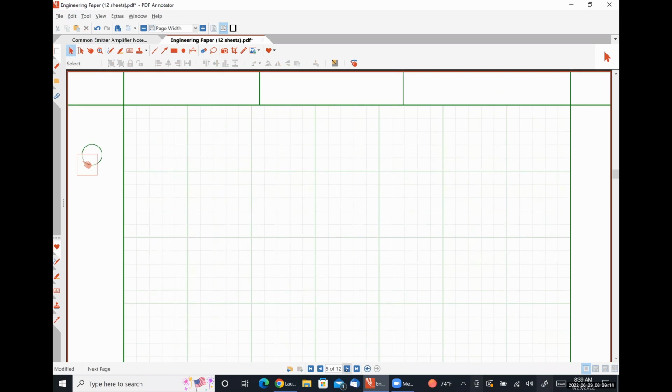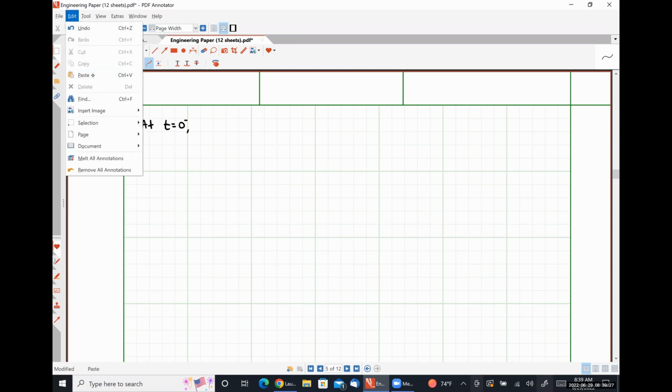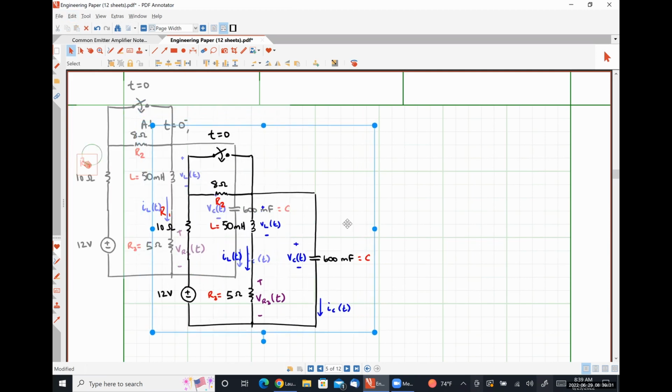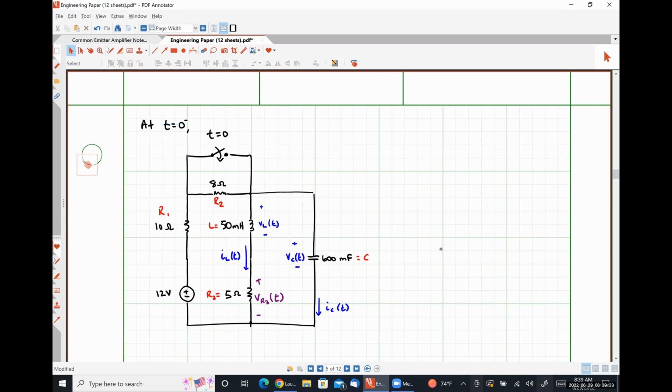Let's go through our circuit analysis steps now. So at t equal to 0 minus, let's see what changes we're going to need to make to this guy. Okay, so at t equal to 0 minus, our switch is an open circuit.